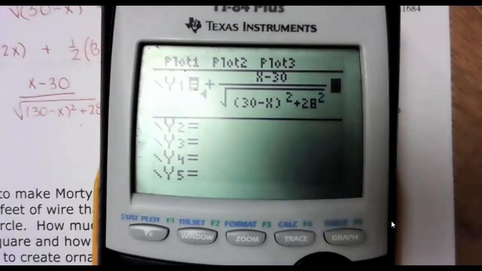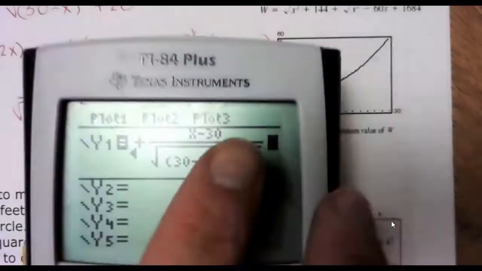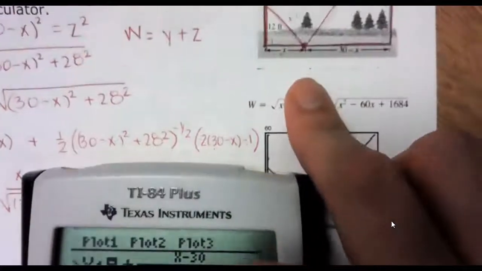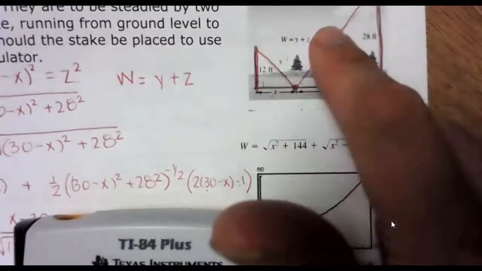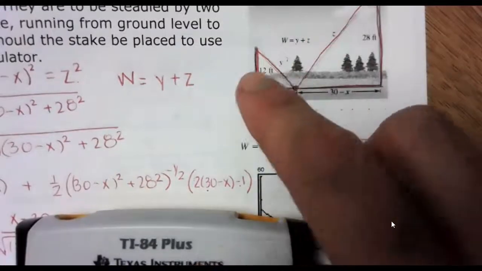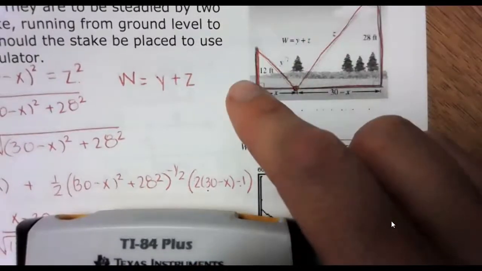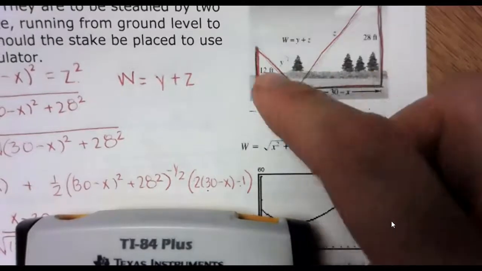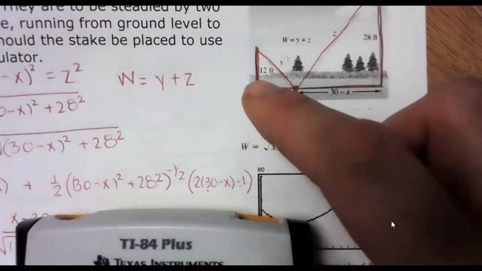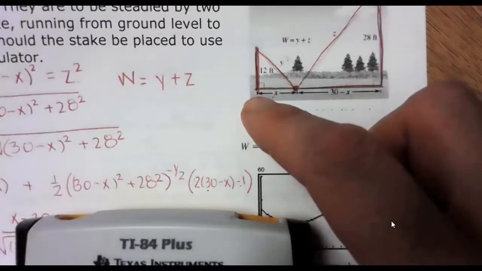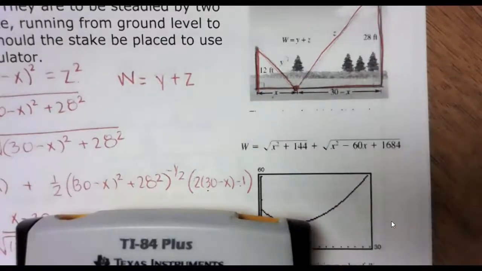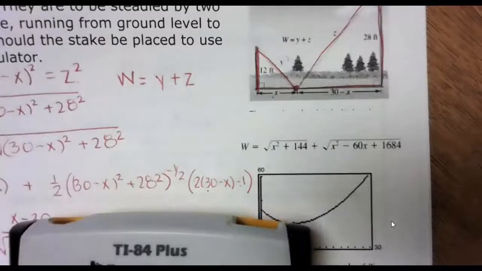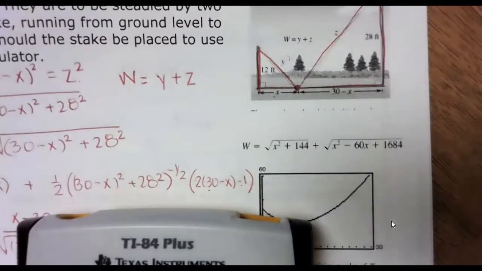But just thinking about these answers in general, the hypotenuse of a triangle is the longest side, right? So if this length is 12 and this length is 28, I know that my window should be no shorter than 12. So I'm going to adjust my window so that my y min is, there's no way it can be 12 or smaller.